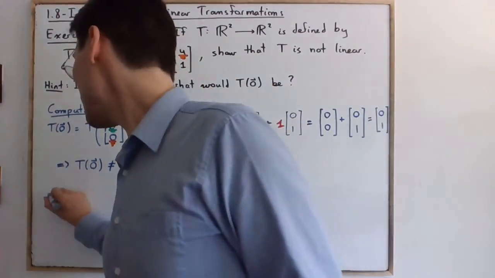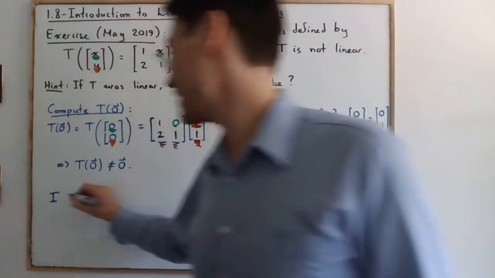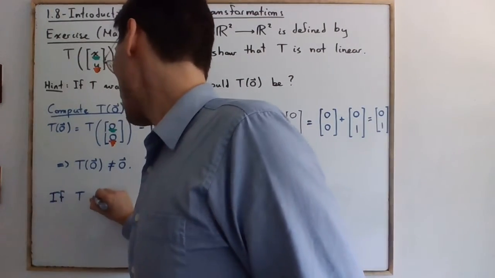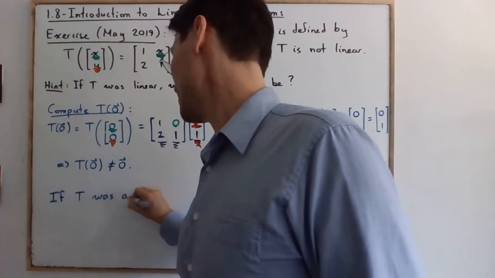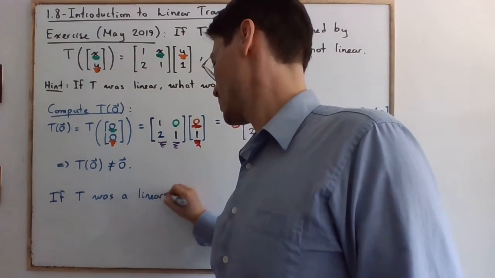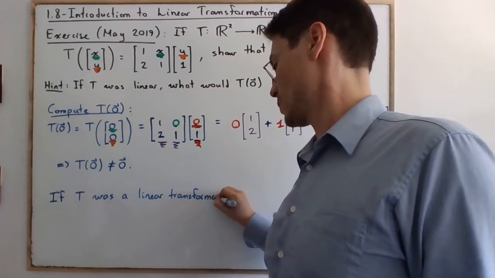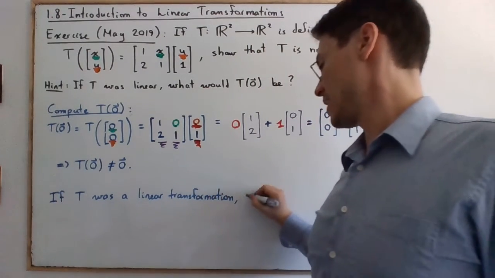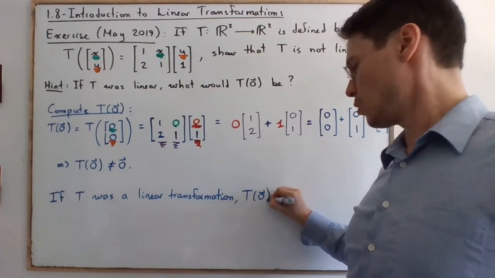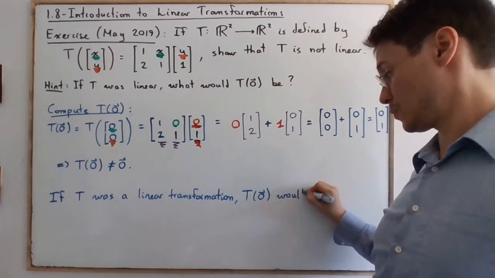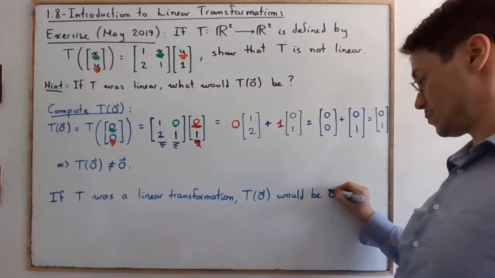Basically what you need to say is pretty much that if T was a linear transformation, T of 0 would be 0.